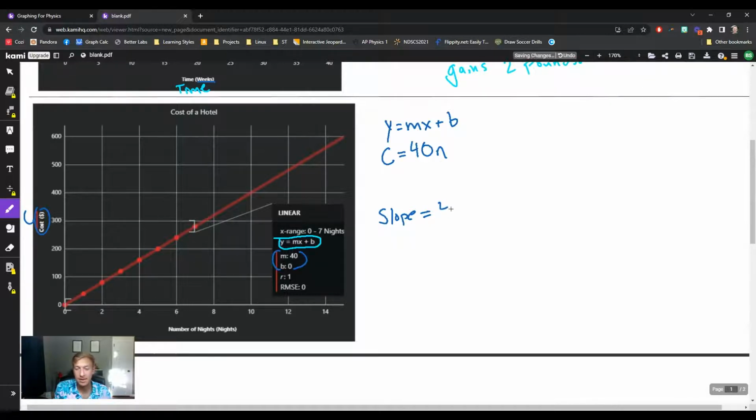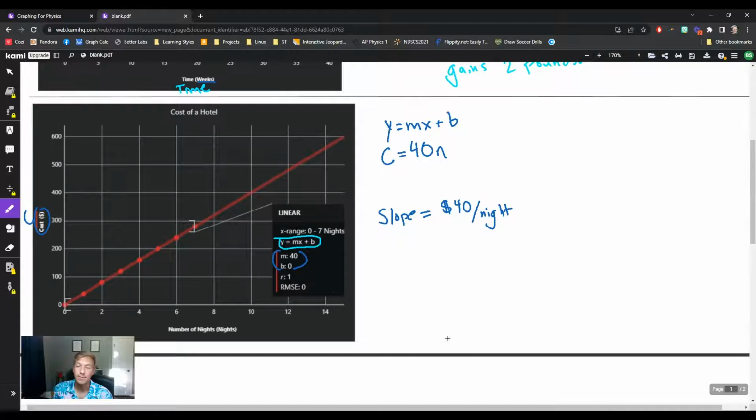But more specifically, we have to look at the units. 40, the y unit, dollars, $40 per night, right? Think about the cost of a hotel or the cost of an Airbnb or whatever you're staying at, a rental, $40 per night.